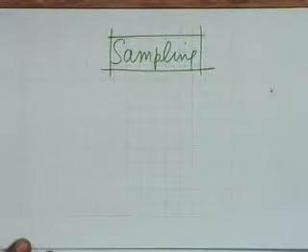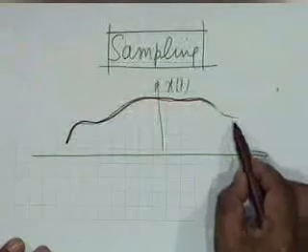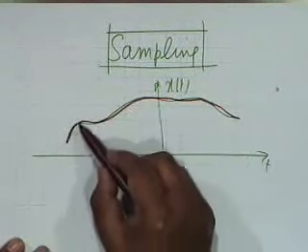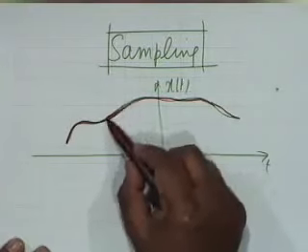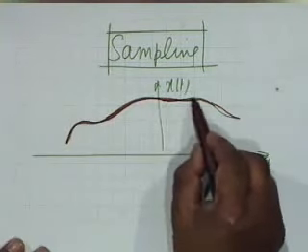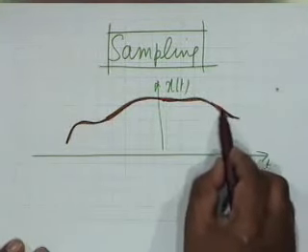We have already discussed sampling in the context of one or two examples, where we are given a continuous time function like this, an x of t versus t, and we said that we shall take only parts of it.